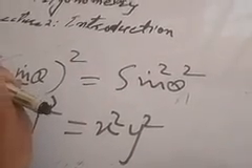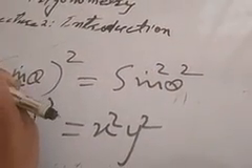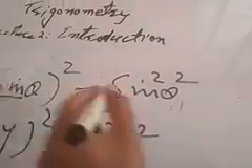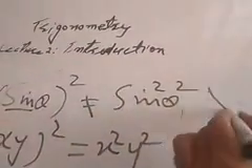But here don't write this for sine theta. Square will not be given separately to sin and to theta. This is wrong.